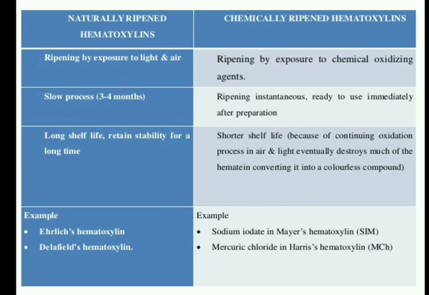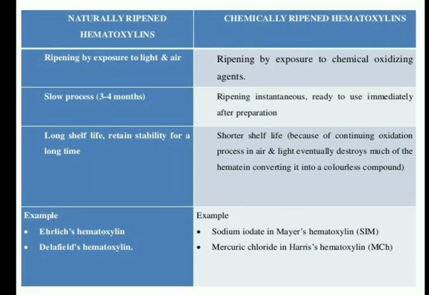Now, there are two types of hematoxylin, naturally ripened hematoxylin and chemically ripened hematoxylin. There is a difference between these two. First, we will discuss naturally ripened hematoxylin. These are ripened by exposure to light and air.